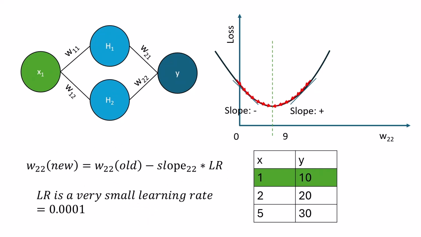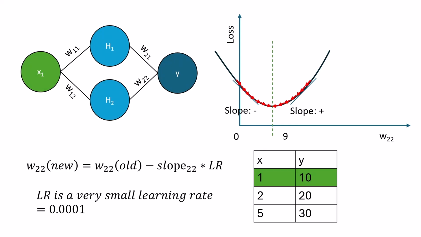So the core of machine learning, if you learn anything in this workshop, is that we start with the random W's, W22, and we call that old W22. And we minus that with the slope times a very small learning rate. This is a positive, very small number, 0.0001. Now, if W is on the right side, the slope is positive.